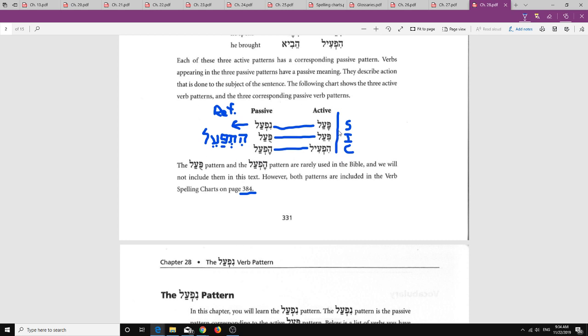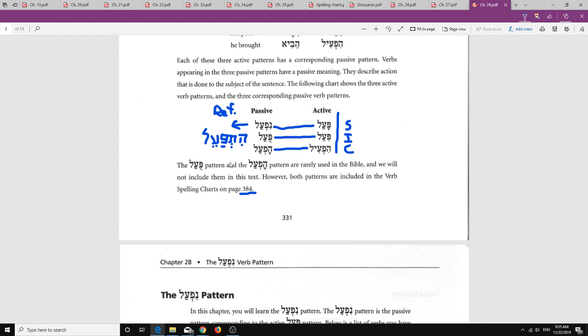Okay, so again, just going through these, we have the pa'al, the pi'el, the hifil. The pa'al is our simple active, pi'el is our intensive active, and hifil is our causative active. Then the niphal is our simple passive, the pu'al is our intensive passive, and the hofal is our causative passive. Then the niphal can be reflexive at times, and our intensive reflexive is the hitpael.